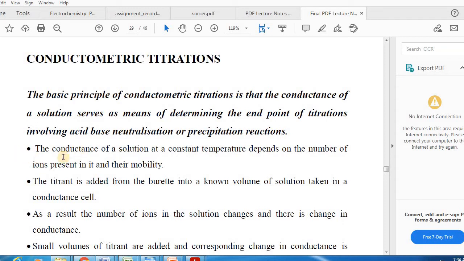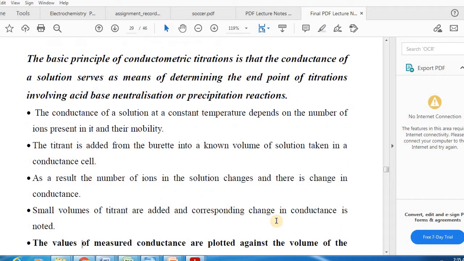Now, conductance of a solution at a constant temperature depends on the number of ions present in it and their mobility. So as a titrant is added from the burette into a known volume of solution taken in a conductance cell, the number of ions in the solution changes and there is a change in conductance.